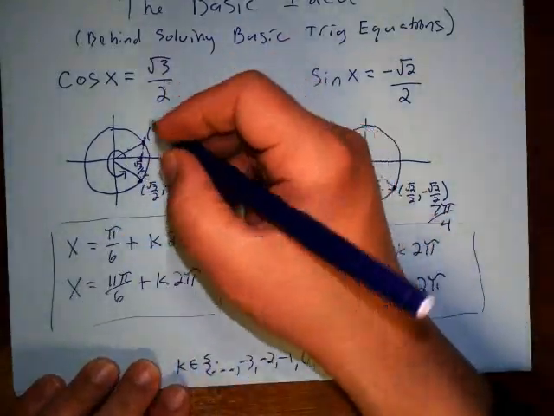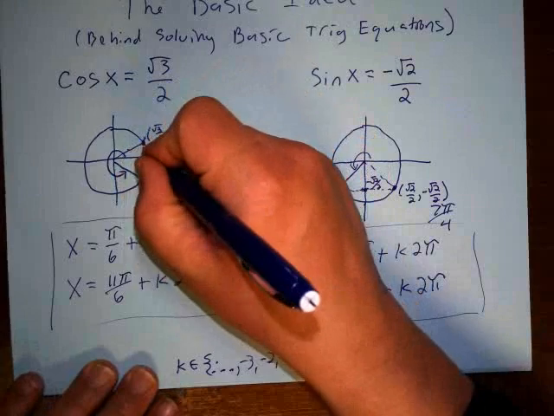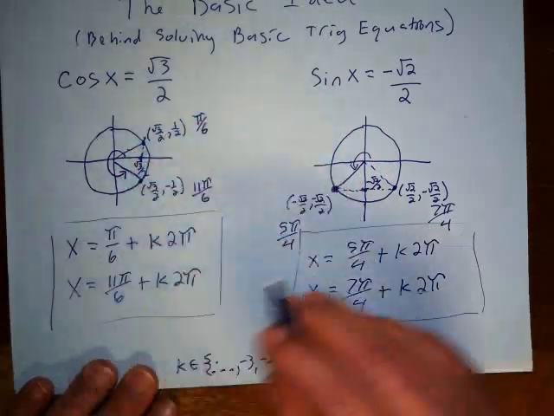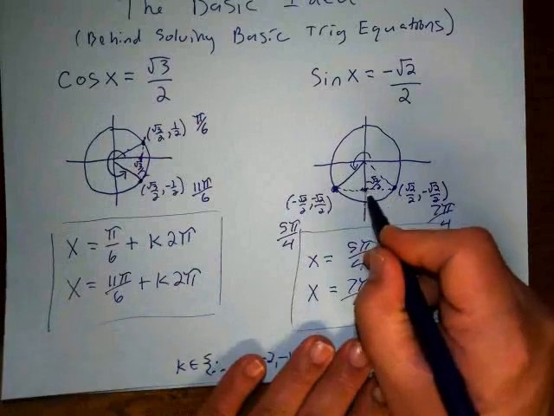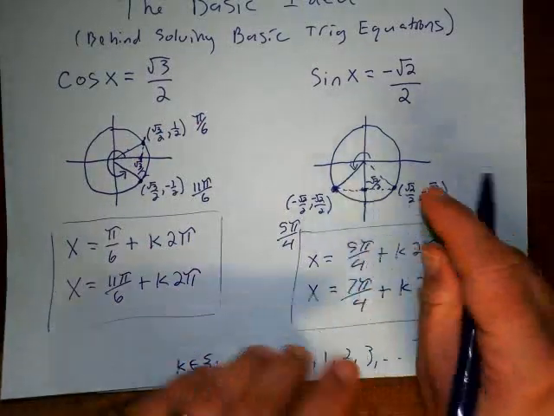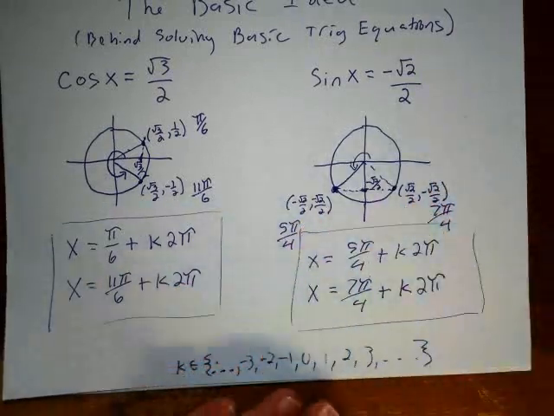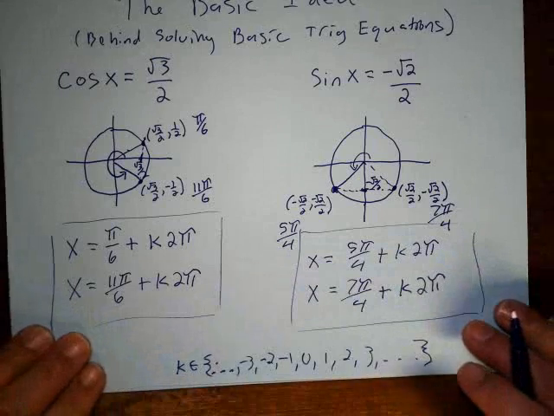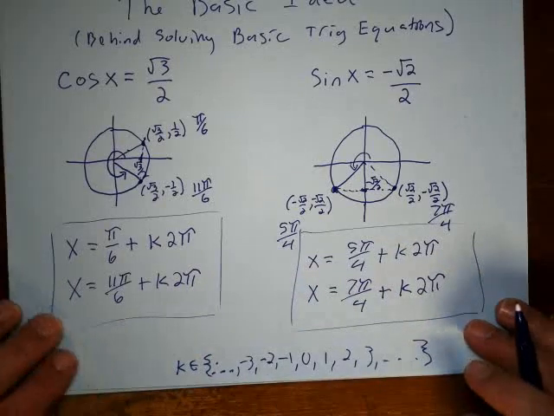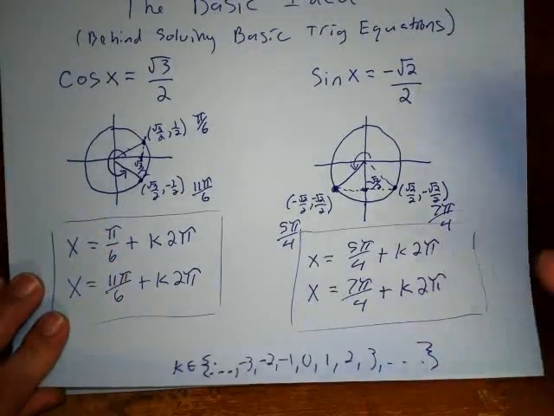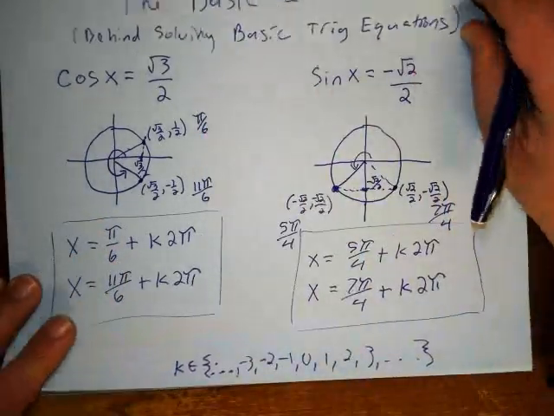If it's a cosine, that's the x-coordinate, and it'll go up and then down to get the 2. If it's a sine, you're dealing with the y-coordinate, so you're going back and forth to get those 2. That's the basic idea. You have all these rotations, and these are with special angles here.